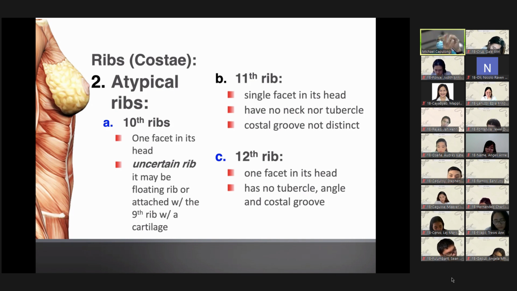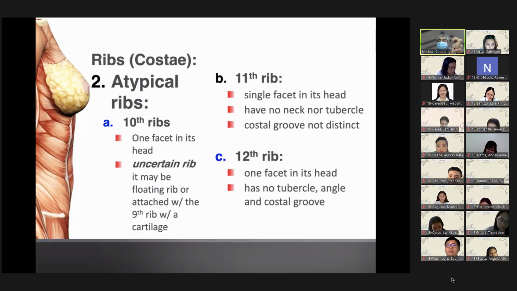Remember earlier, I told you there is a variation in so far as ribs 8, 9, 10, 11, and 12 are concerned. Of these ribs, your 10th rib is fairly variable in its orientation. It may be floating or not. It may be connected to your ninth rib or not.